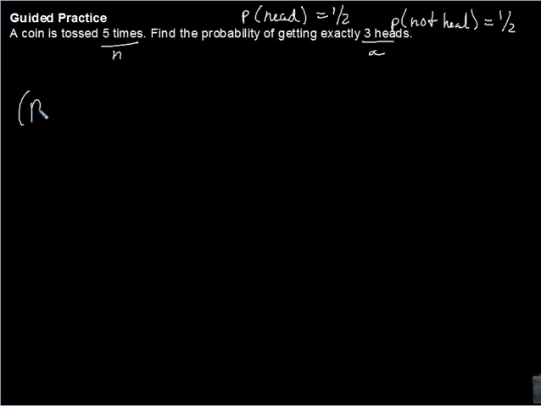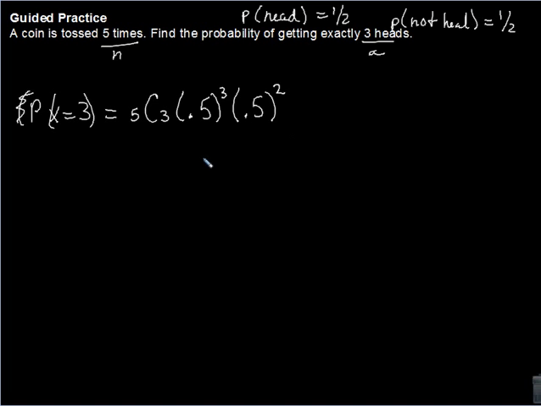So the probability that we get 3 of them, oops, I put my parenthesis in the wrong spot, is 5C3, 1/2 to the 3rd, 1/2 to the 5 minus 3. 5C3 is 10. 0.5 to the 3rd is 0.125.